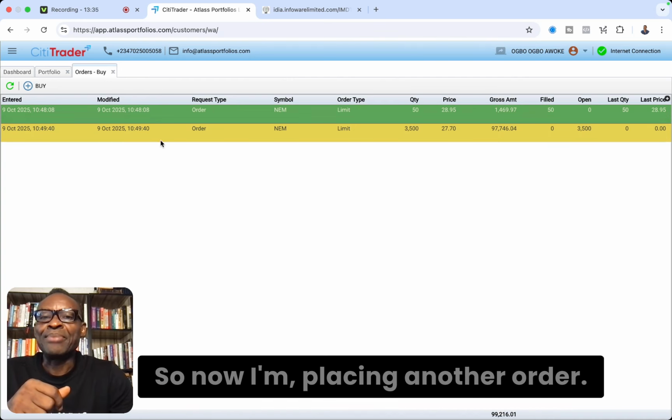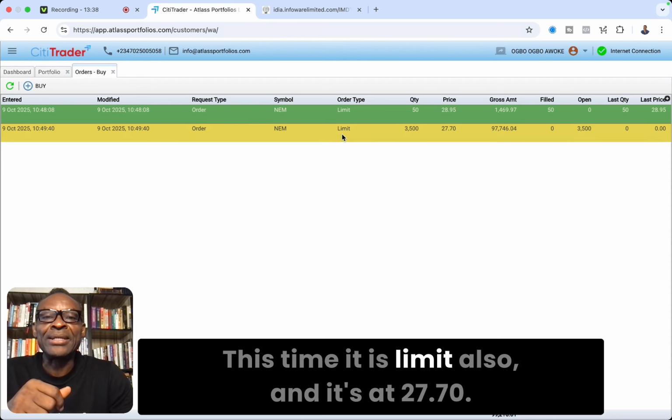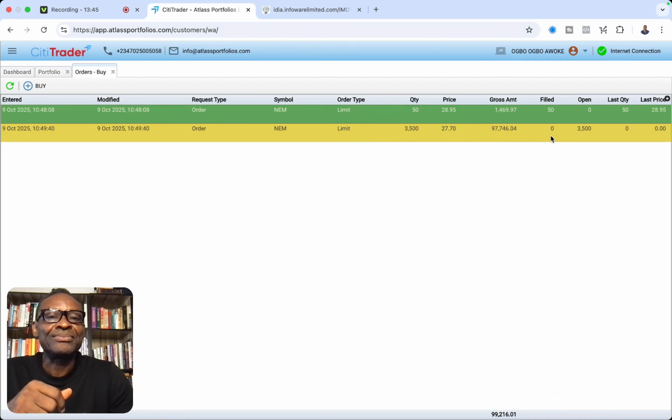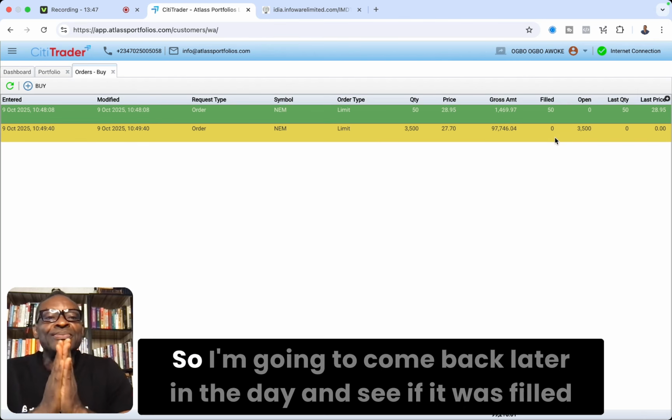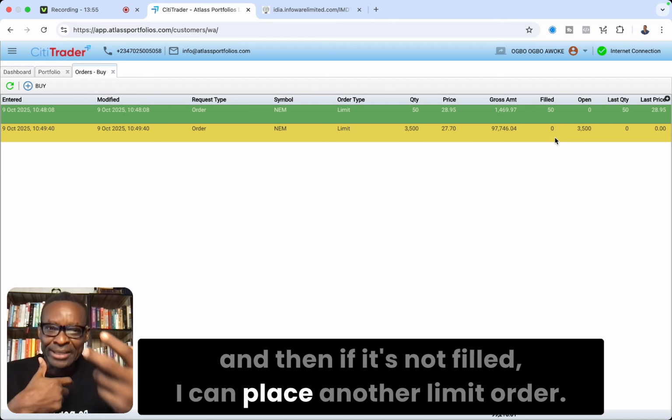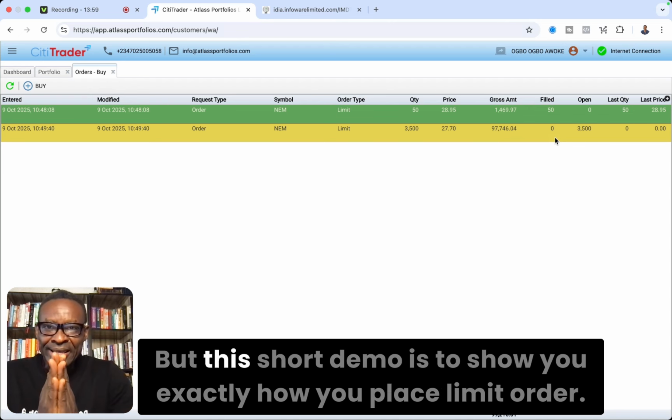So now I'm placing another order. This time it is limit also, and it's at 27.70. It has not been filled yet. So I'm going to come back later in the day and see if it was filled. And if it's not filled, I can place another limit order. This short demo is to show you exactly how you place a limit order.